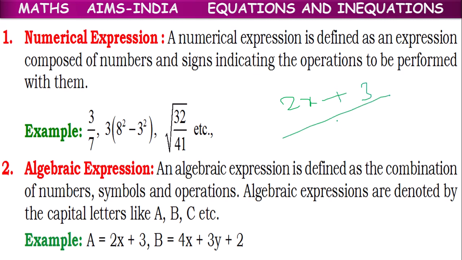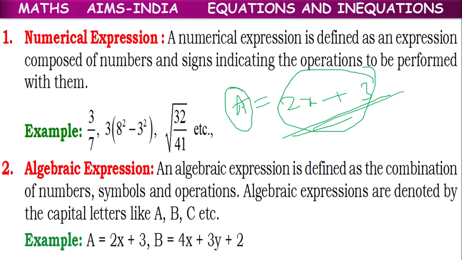It's an algebraic expression which is named with capital A. Capital A equal to 2x plus 3, means capital A is an algebraic expression which is equal to 2x plus 3. So like this, algebraic expressions are named with capital letters. Like B equal to 4x plus 3y plus 2, algebraic expression.